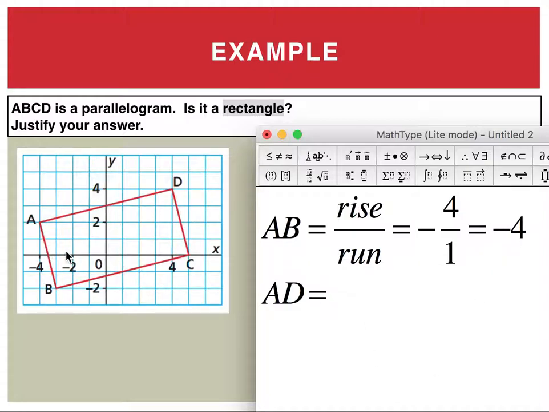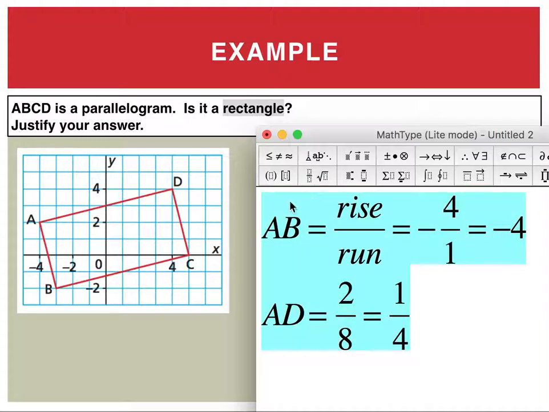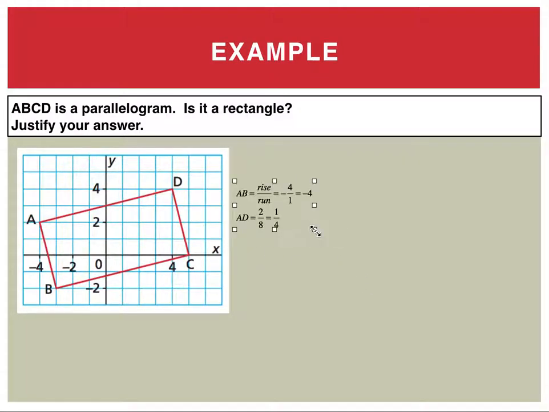Now AD, I start on the left again, at A, up 2 over 8, which is 1 over 4. Okay, so there we go, we found them.